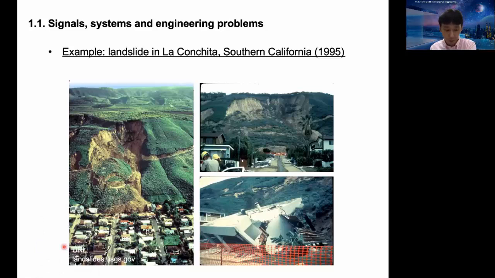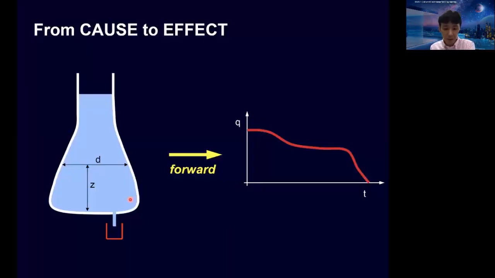And the output will be this landslide. So in the forward simulation, from cause to effect, it's called the forward simulation or forward modeling.